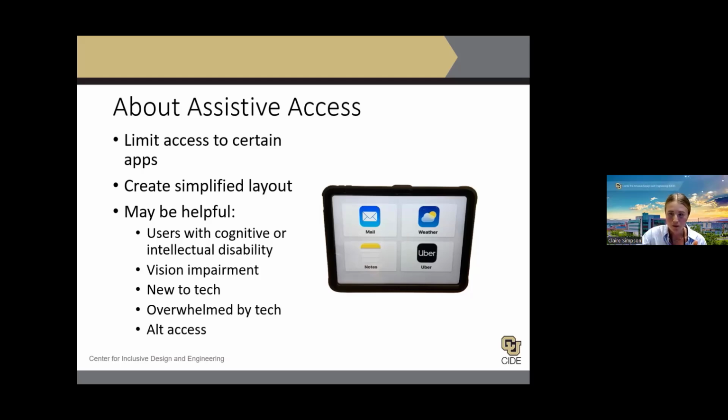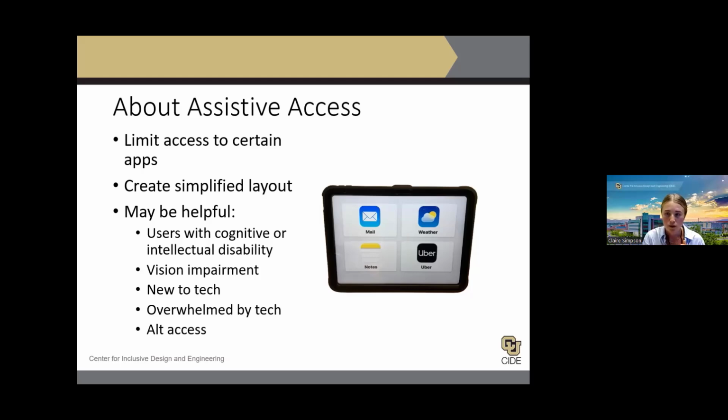There's a list of what those apps are. There's not a ton of apps that will do that. But for example, the Uber app is not an iOS app. Obviously, it's made by Uber, not Apple. And so even though you can put this app into Assistive Access, when you actually open the app, it's still going to look the same as it does on any other device.